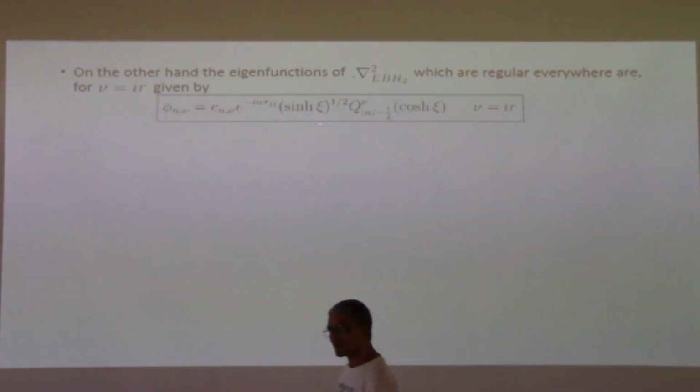On the other hand, if I ask what are the regular eigenfunctions of the Laplacian in the Euclidean black hole background in 2 dimensions, you can work them out. The regularity conditions are given by those. And a test of the usefulness of a Radon transform would be if these correctly transform to those.